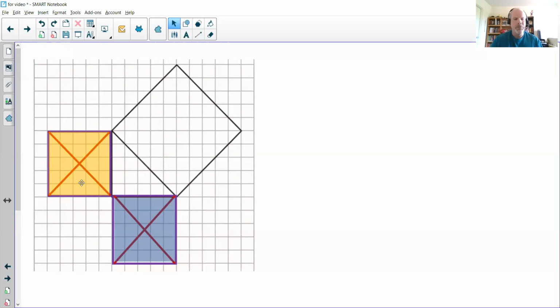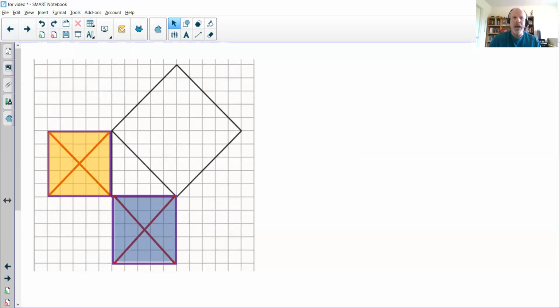Now what we can do is take all 8 of these orange and blue triangles once they're cut out, and we can lay them inside this larger square so that they fit like puzzle pieces and form this large square.